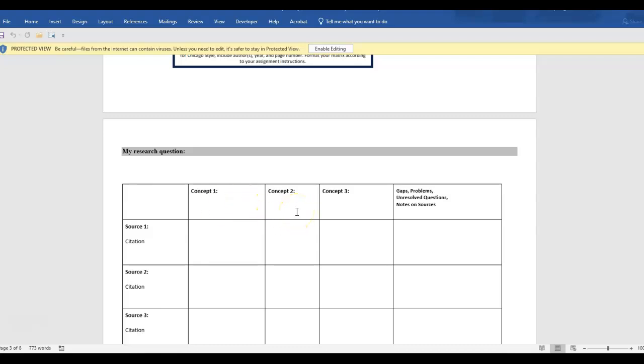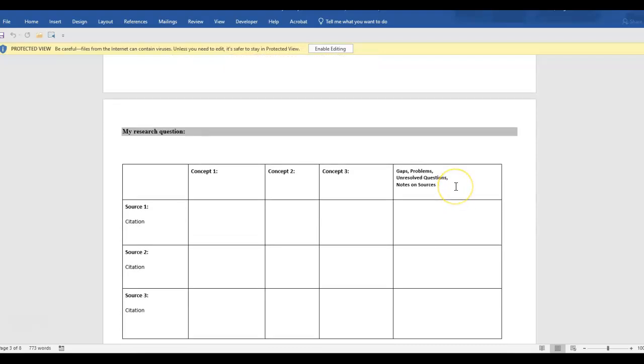Then the second concept might be the assistance that the service animal provides the person with autism within their home environment. And then concept 3 might be that researchers look to see how it gives help within the public sphere. And then here again, any other notes, any problems that the researchers noted.